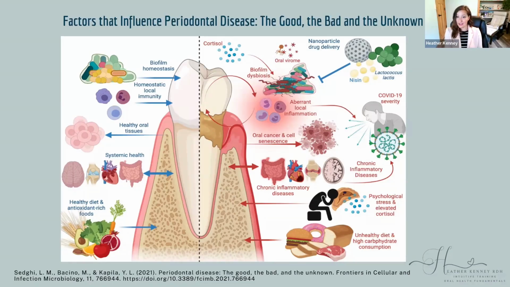We know viruses can also cause some dysbiosis, and there are some relationships there as well. But it's bidirectional. Notice that on the disease side, the arrows are going both ways. We can have oral dysbiosis and disease, and it's influenced by chronic inflammatory diseases, and when periodontal disease bacteria are swallowed, they also impact these as well.